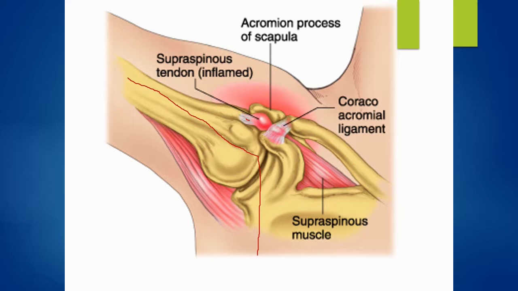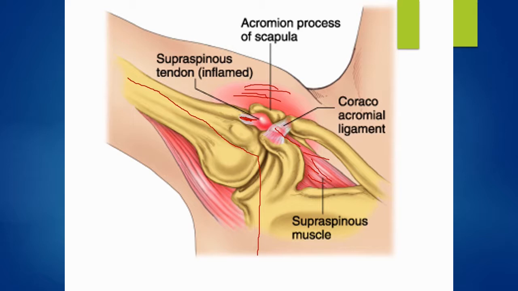So the tensile loading comes from the supraspinatus muscles contracting along their line of pull linearly here, and also from the deltoid muscles contracting and pulling linearly along their line of pull. So we're going to see tensile loading here on the supraspinatus tendon.